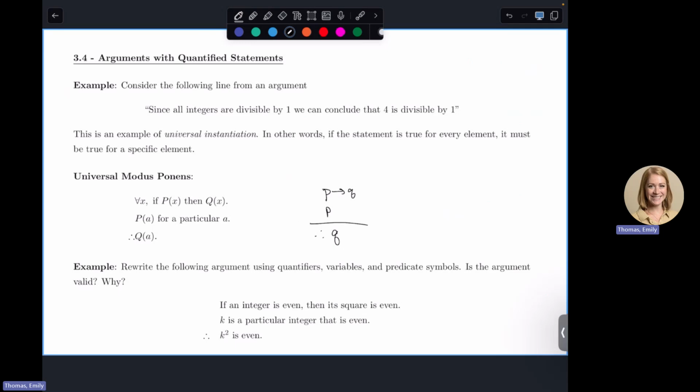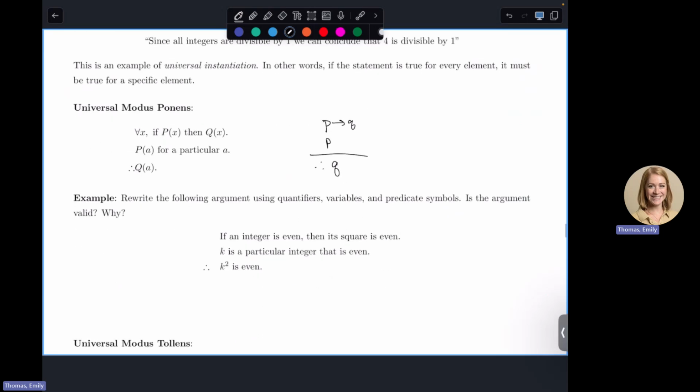Here's an example of that. If an integer is even, then its square is even. k is a particular integer that is even, therefore k squared is even. So our predicate here, or open sentence, we could call that E of x, is that x is even. So this would be something like E of x implies E of x squared.